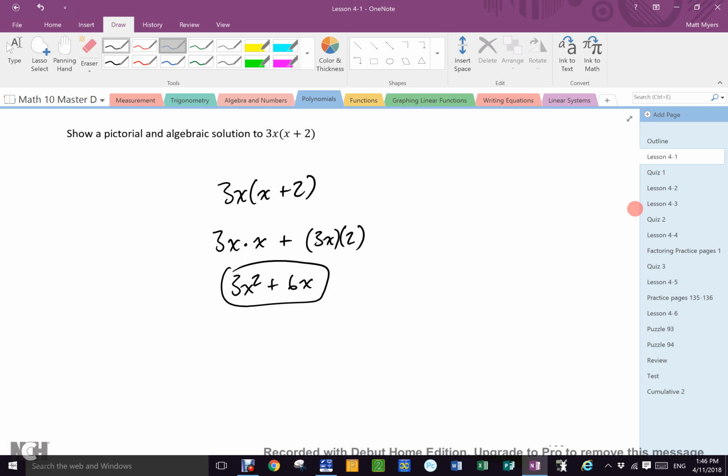Some of your grade 9 teachers will have gone further. Is everybody good to there? So if I gave you this, 4x squared y times 6xy plus 2x cubed, you could tell me the answer. What is it?